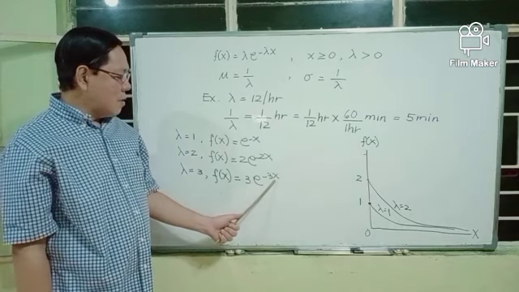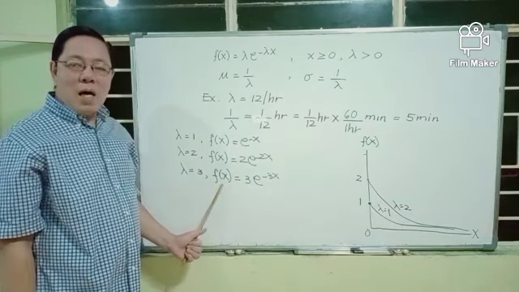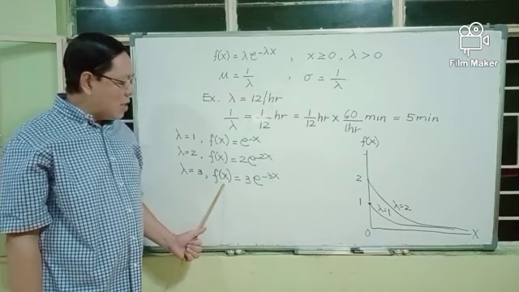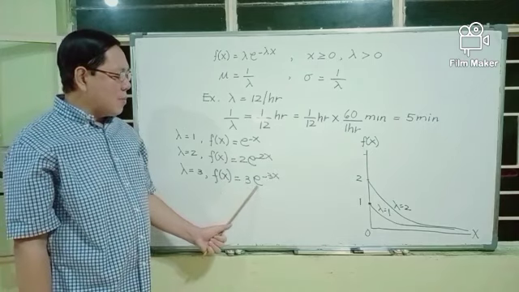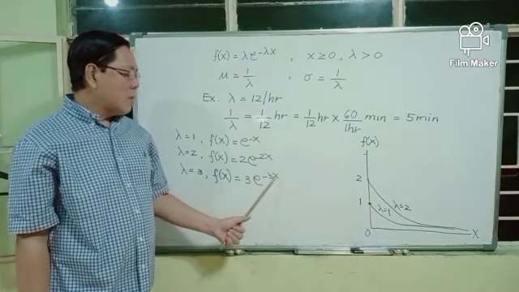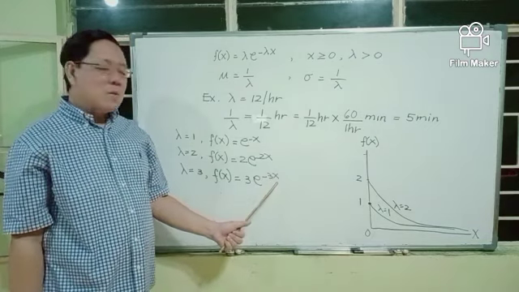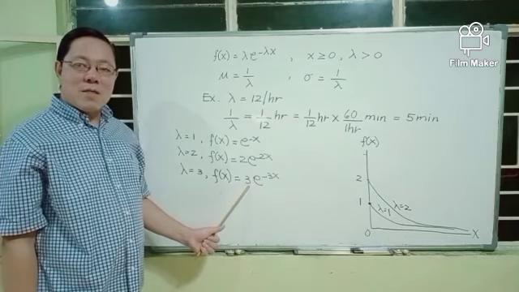When x is 0, the value of the density function f of 0 is 3 multiplied by e to the minus 3 multiplied by 0. Minus 3 times 0 is 0. E to the 0 is 1, multiplied by 3 is 3.